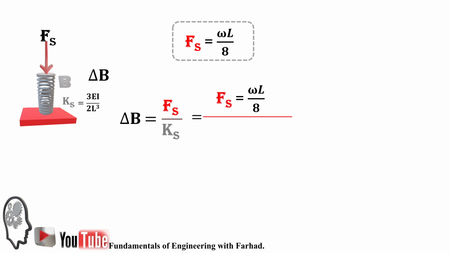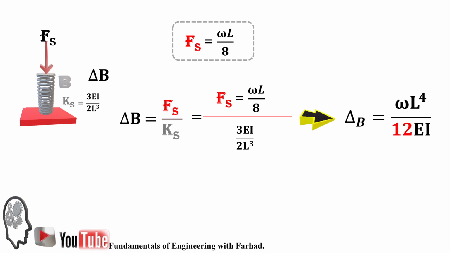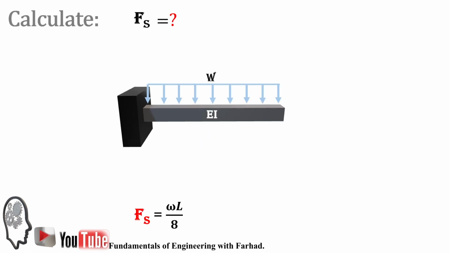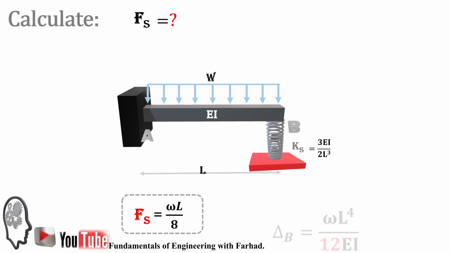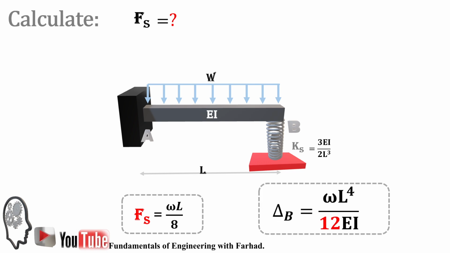It gives us WL over 8 over the stiffness, which is 3EI over 2L cubed, and it gives us delta B is WL to the 4 over 12EI. So for such a problem, we can easily see Fs is WL over 8 and delta B is WL to the fourth over 12EI for displacement at point B.